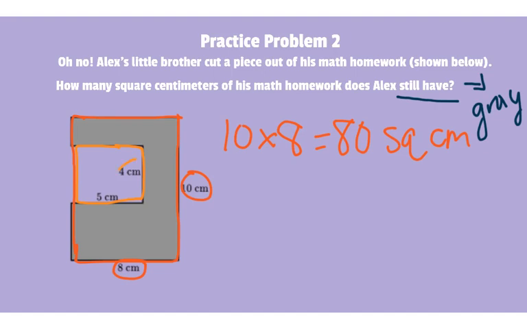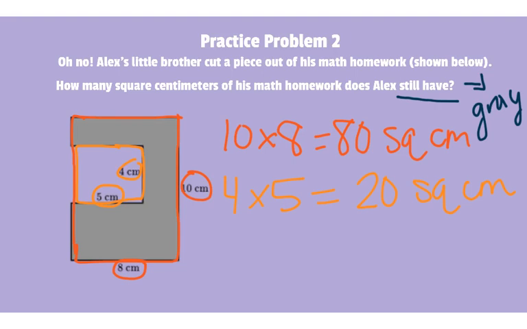So again, I'm going to do length times width, so 4 times 5, and 4 times 5 is 4, 8, 12, 16, 20. 20 square centimeters, and almost there, but not done yet.